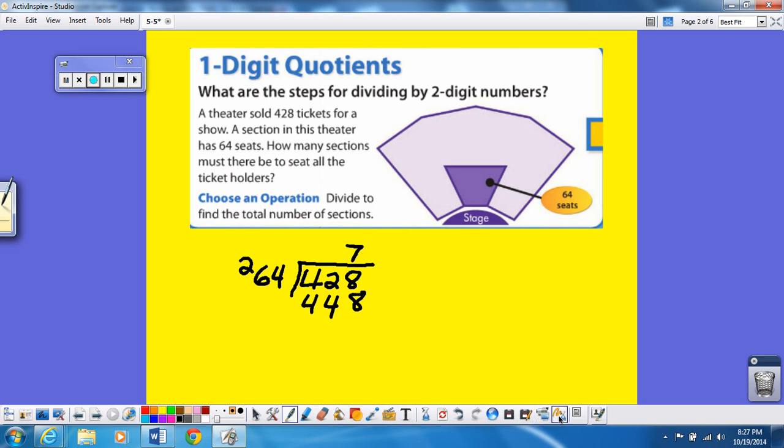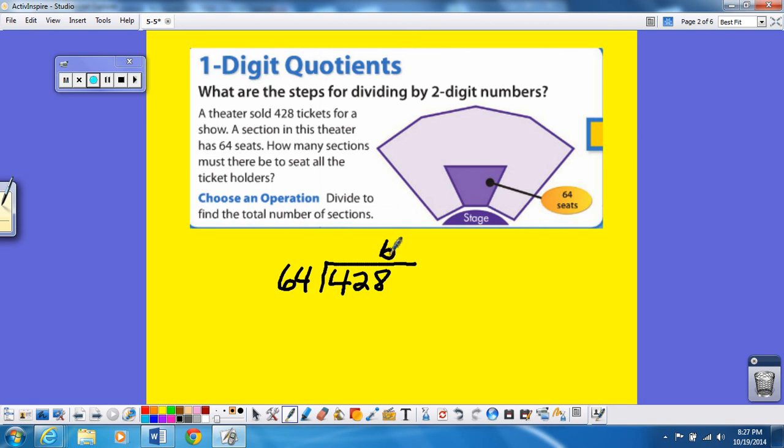Let's go back and start over with 428, the original tickets that we have sold, divided into sections that have 64 seats in each section. Okay, 7 was too much, so let's go to 6. It's only logical to step down 1 when we're trying to figure out numbers as large as this.